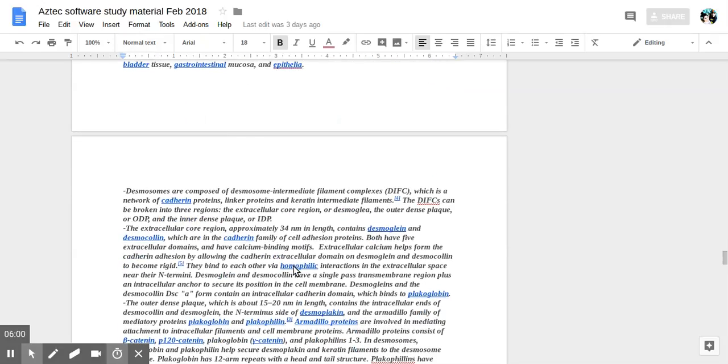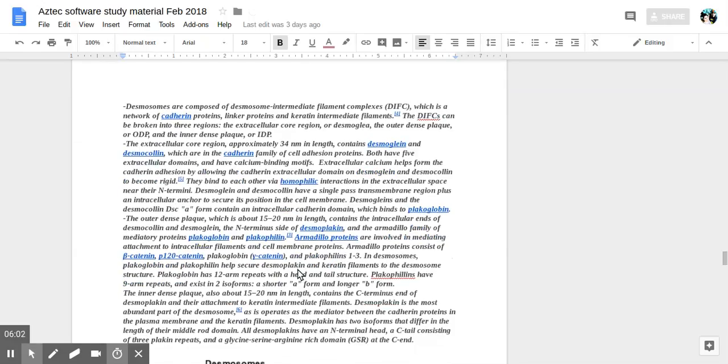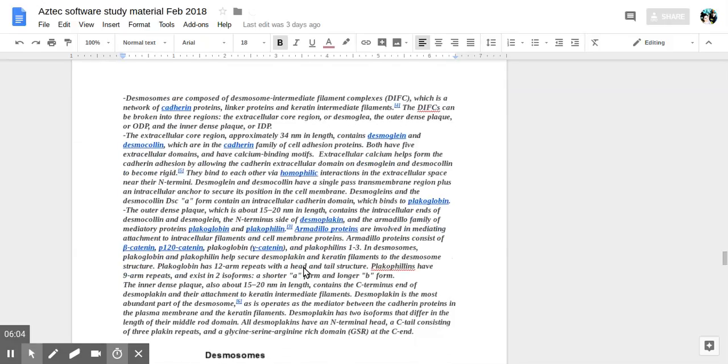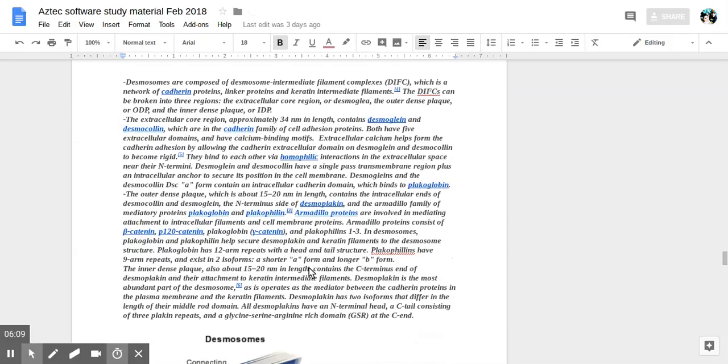Also the skin. More info: desmosomes are composed of desmosome intermediate filament complexes, DIFC, which is a network of cadherin proteins, linker proteins, and keratin intermediate filaments. The DIFC can be broken into three regions: the extracellular core region or desmoglea, the outer dense plaque or ODP, and the inner dense plaque or IDP.